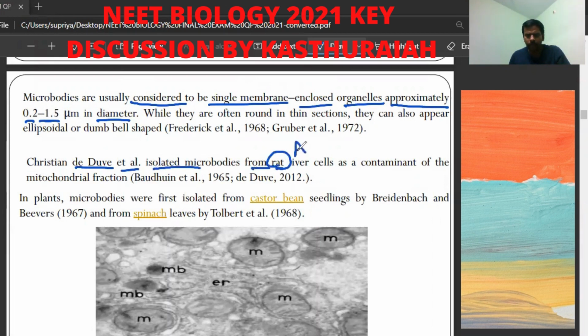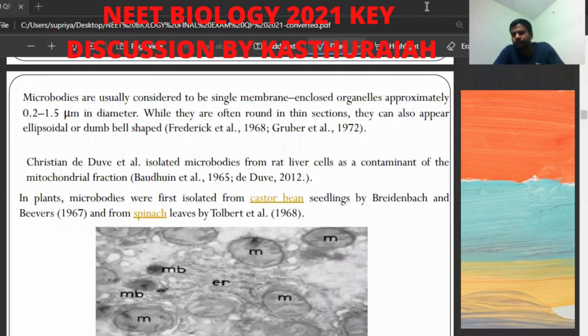It means from animal, right? And in plants, the microbodies were first isolated from castor bean seedlings by Breidenbach and Beevers, and from spinach leaves by Tolbert et al. It means the microbodies are present in both plant cells as well as animal cells. Right? Okay, now we'll see the options, the statements given.